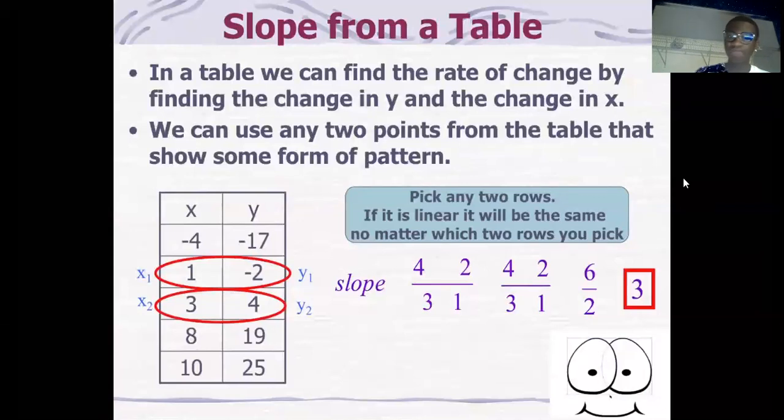So you plug it in, it's always y2 minus y1. So it'll be 4 minus that, 3 minus that, and then you just keep going down. And then you could simplify 6 over 2 into 3.